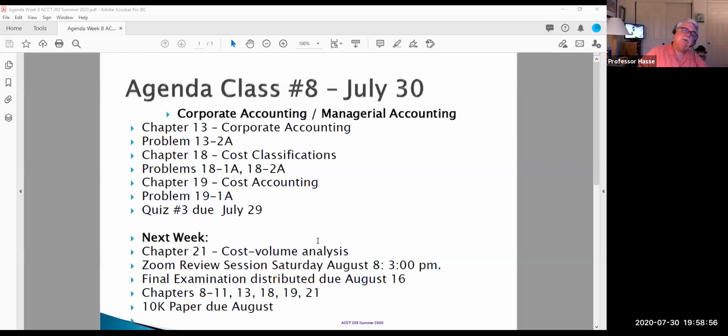And where Chapter 21 is important is it's called cost volume. Concentrate in your reading in Chapter 21 on the definition of the break-even point. How many units do we have to sell to make a profit? I'll give you an example.